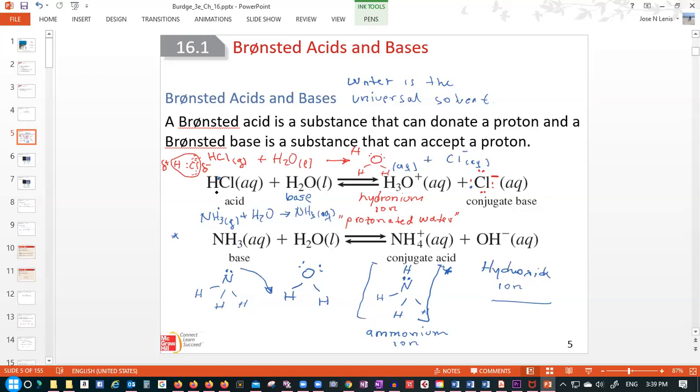That's why Brønsted-Lowry is even better than the Arrhenius definition. It improves the definition. Now we can explain this basic behavior of ammonia through this reaction where we have OH minus as a product.